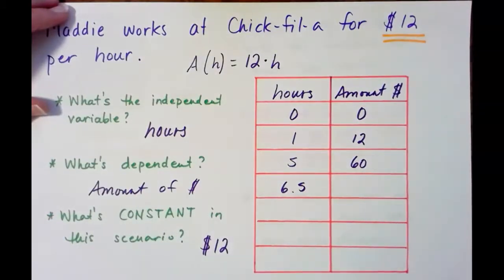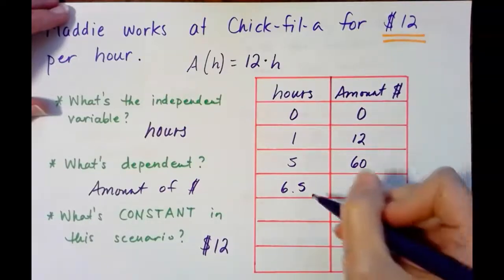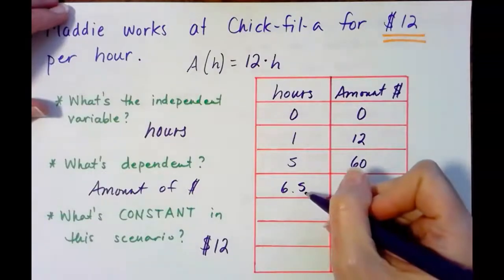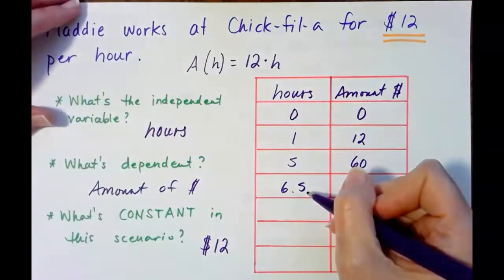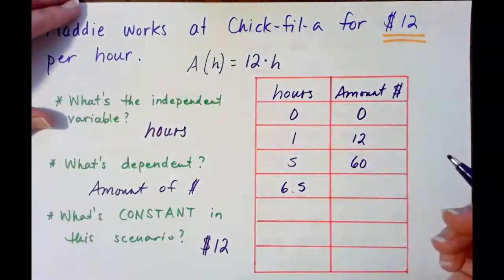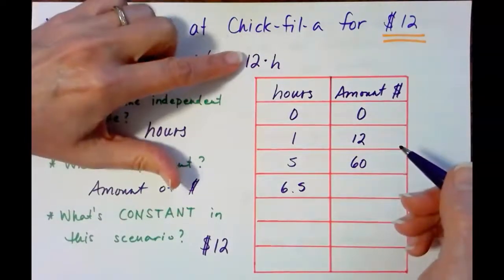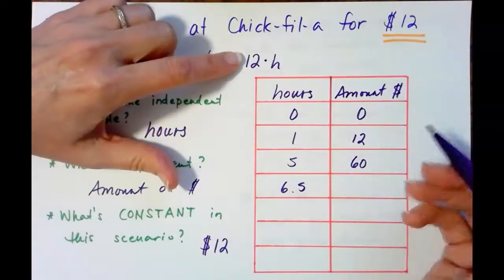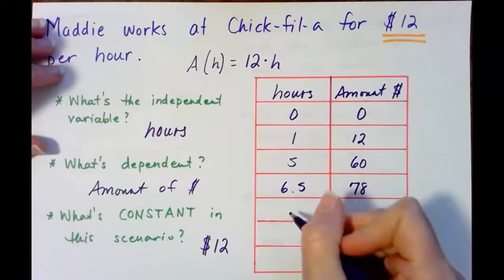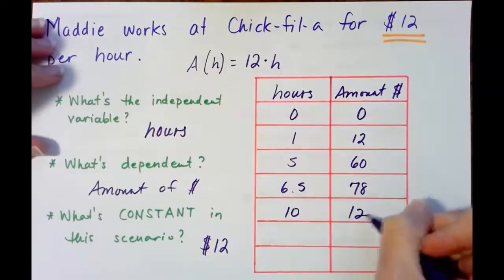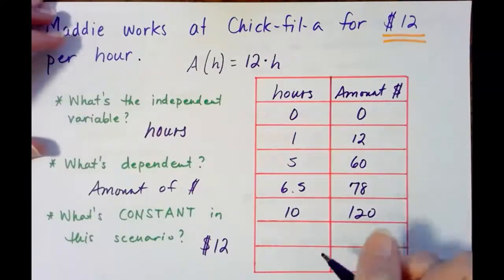It's not going to be discrete here because time is fluid and it is continuous. Therefore, for our domain, we can plug in decimals and fractions. So if Maddie works 6.5 hours, well, 6 times 12 is 72 plus half of 12 is 6, so that would be $78. If she works 10 hours, 120, and so forth.